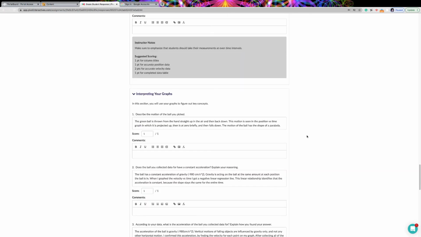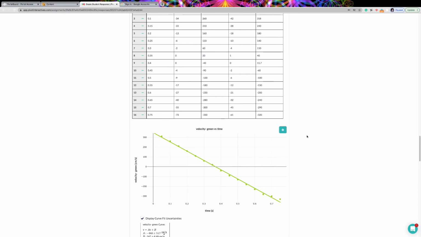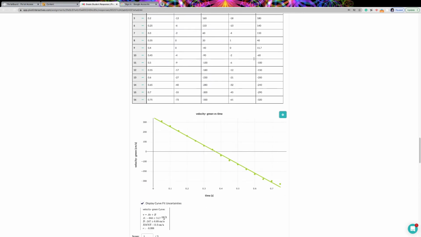So mass does not affect the acceleration of a falling object, because the force that's causing it to fall is the weight, which is mass times gravity. And that force causes it to accelerate at 9.8 by definition. That's what weight is.